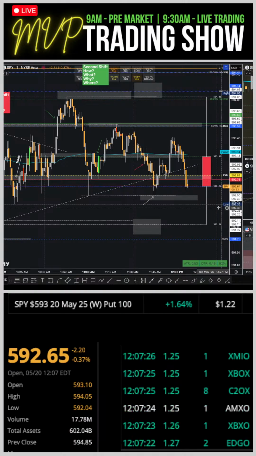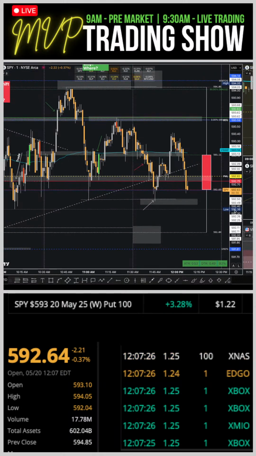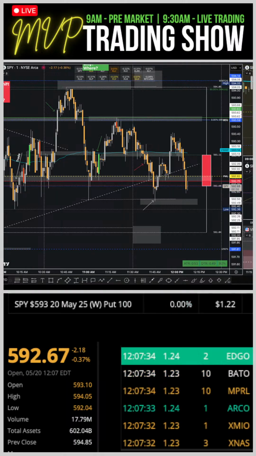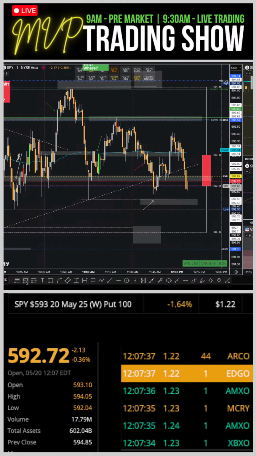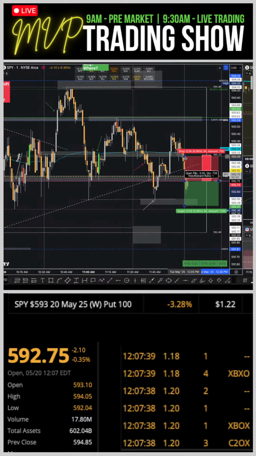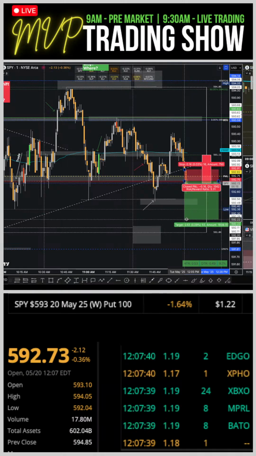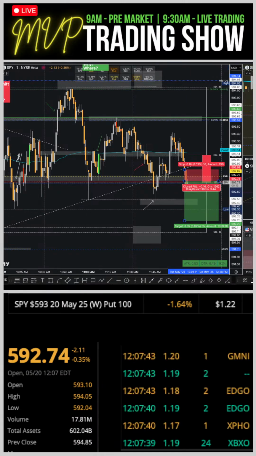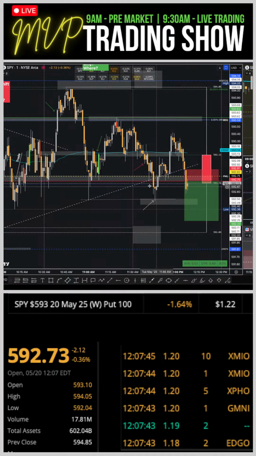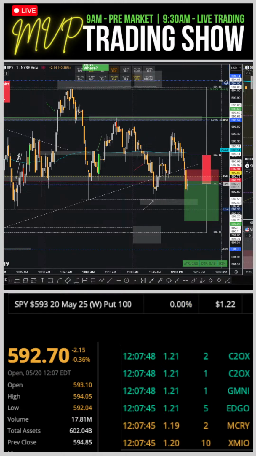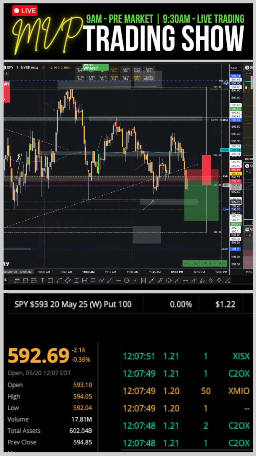I don't want price to get back above that 592.75. I like how the VIX is pumping there. So basically, see if I can get that push lower. Stay below that pre-market low and become directional on the hourly.